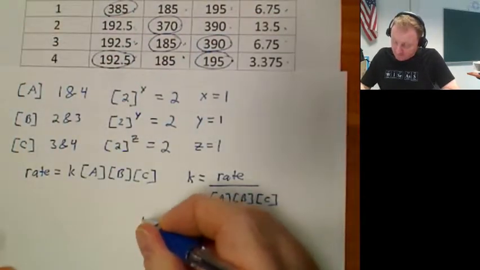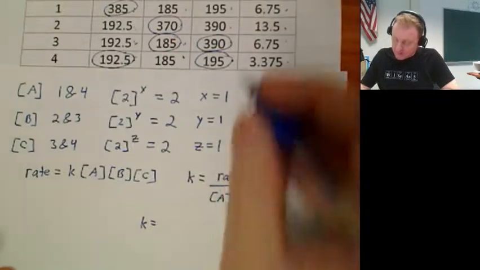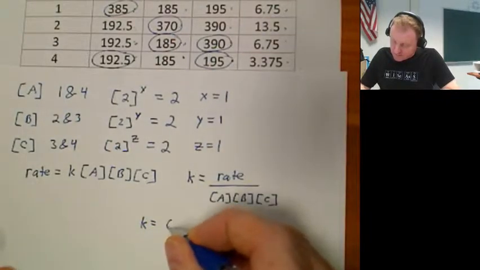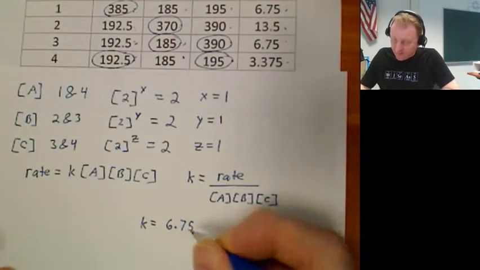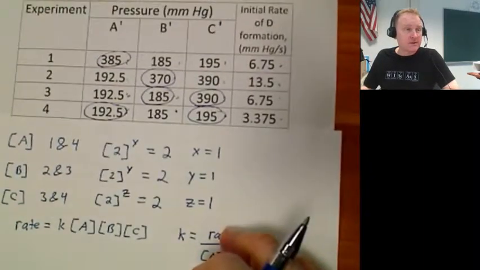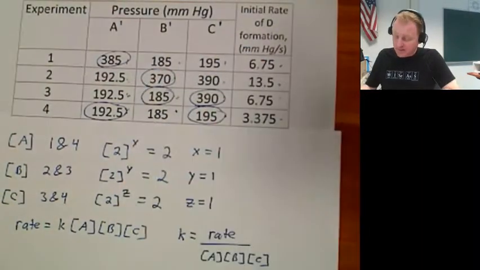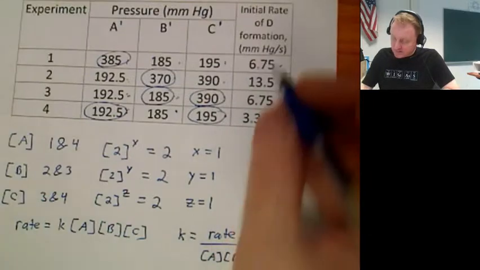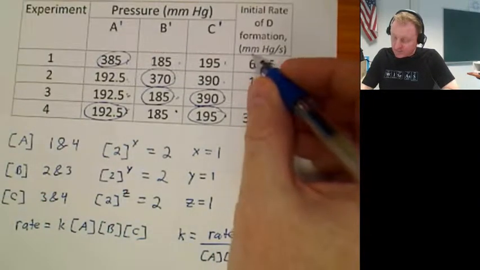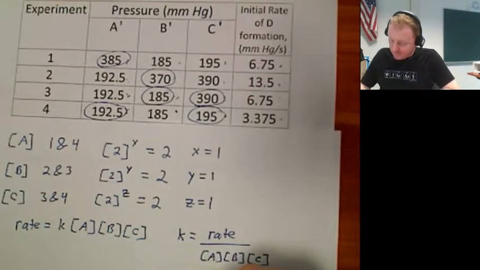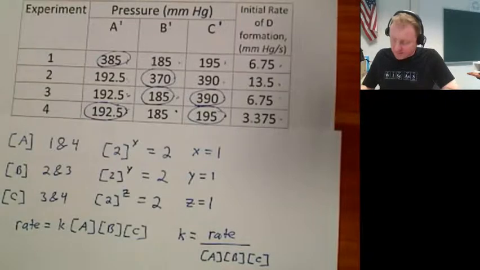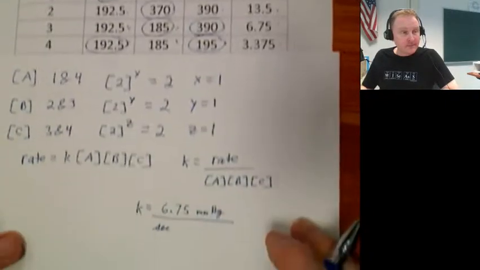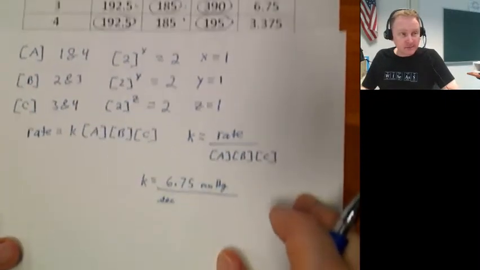So k equals the rate, which is 6.75, and this is in pressure this time, millimeters of mercury. So this unit is the formation of D, formed in millimeters of mercury per second. Which one are we choosing here?